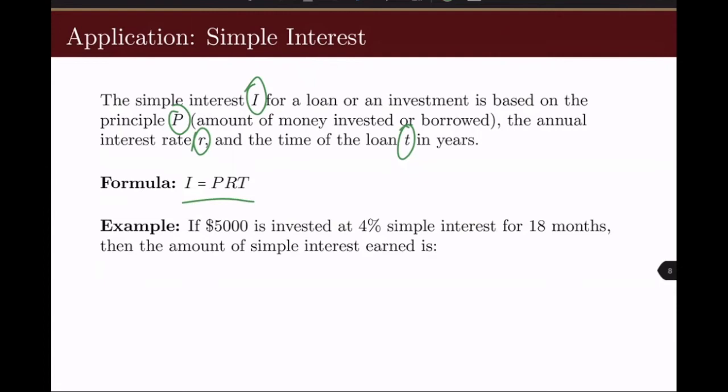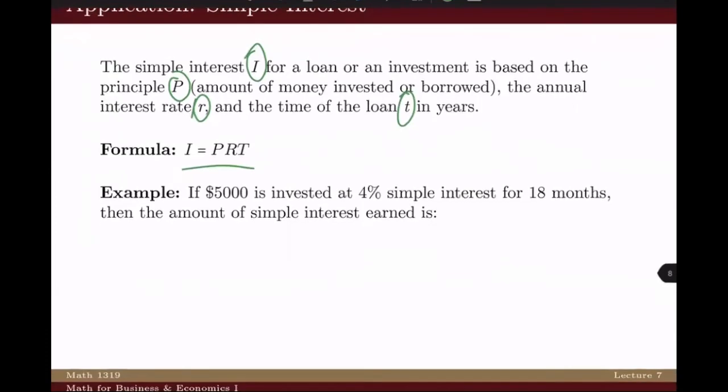Example, if $5,000 is invested at 4% simple interest for 18 months, then the amount of simple interest earned is, so what we'll do is we'll first identify all of our numbers and assign them to the letters. What I mean by that is $5,000 is invested.